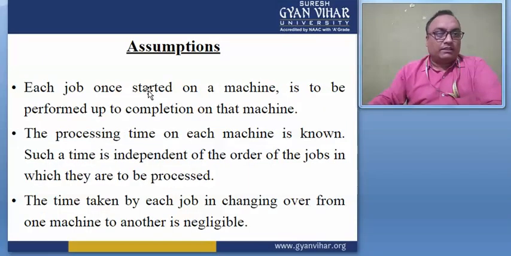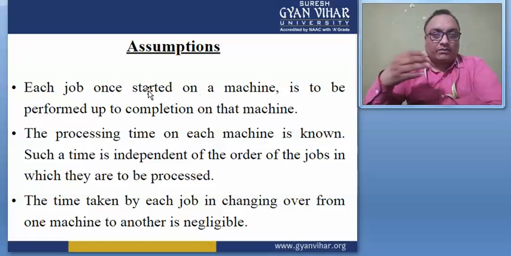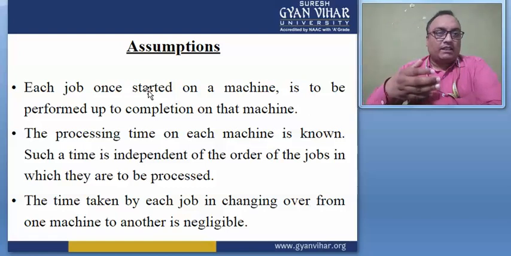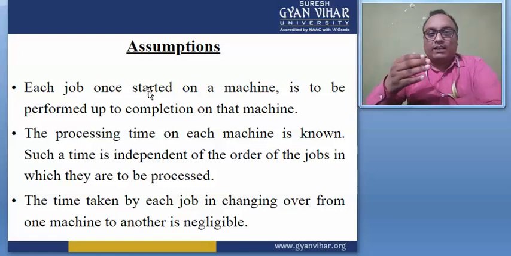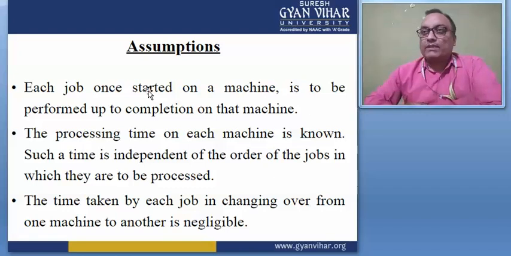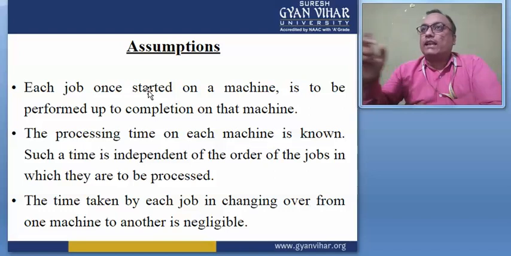These are the assumptions I have taken for solving different types of man-machine related problems by the sequencing method. First, once a job is started on a machine, if the first job is not completed, then you do not start the second job.